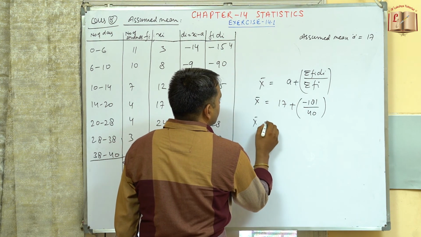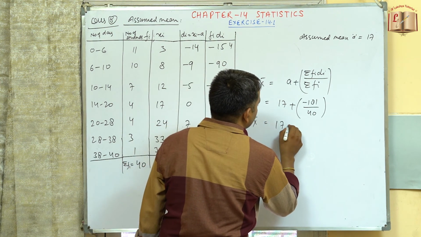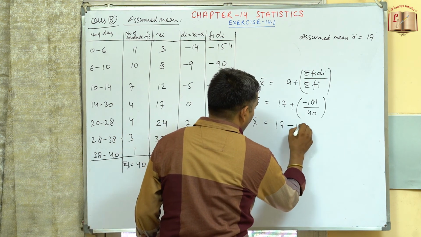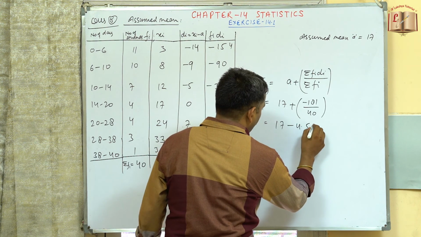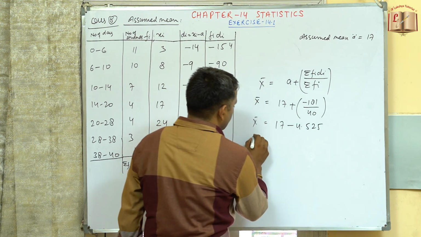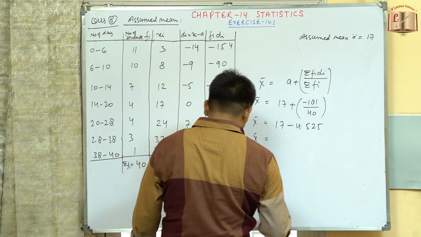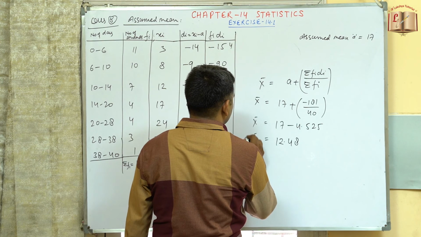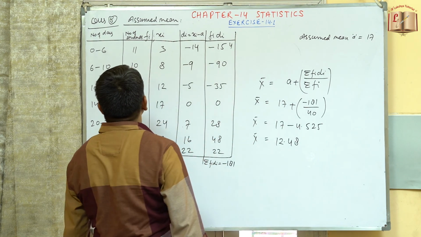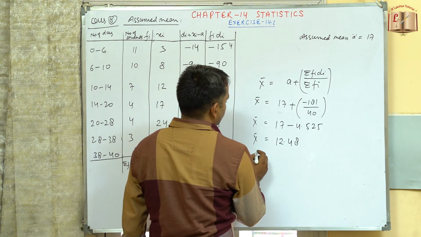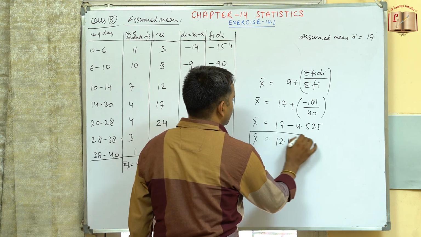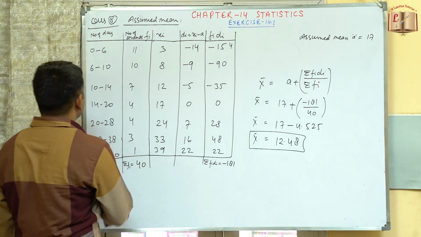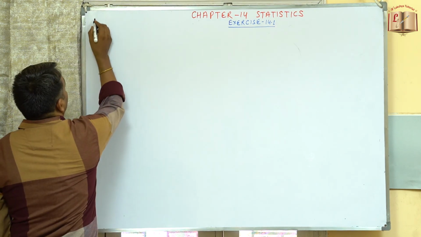So x bar equals 17, and this will be the negative value, 4.525. On subtraction we will get 12.48. So the mean absence of the students we got is 12.48. So now coming to question number 9.